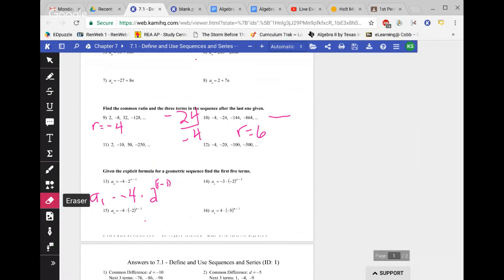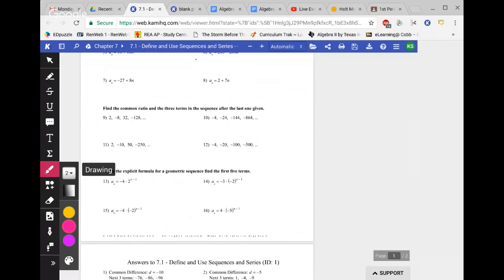Okay, the sigma symbol, once again, was just an introduction to some of the syntax, much like the A sub n and all of that stuff, some of the syntax and vocabulary that you're going to be seeing and being exposed to, because it's kind of different than other things that you've been exposed to in math. The sigma symbol, and I don't make one very well, stands for summation.